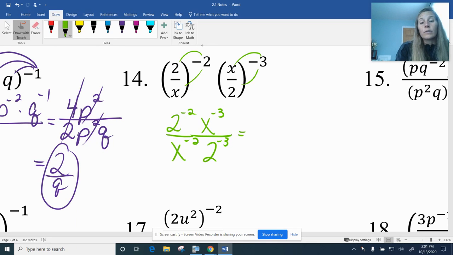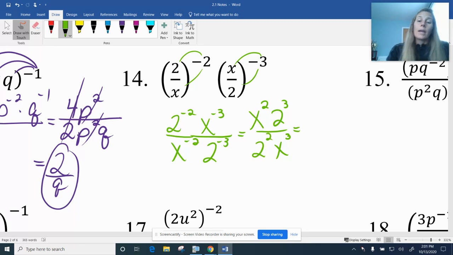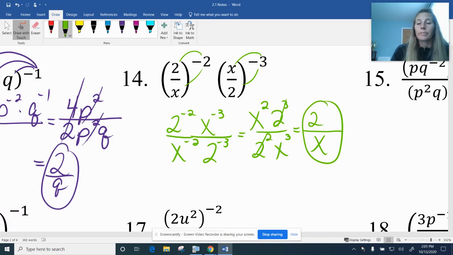Now, all of these are going to get switched because every single one of them has a negative. And now I know I'm going to simplify these, which is really just 8 over 4, which is 2. And then on the bottom, I'm just going to have that x.